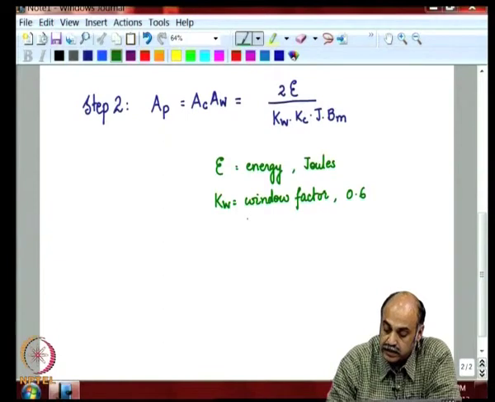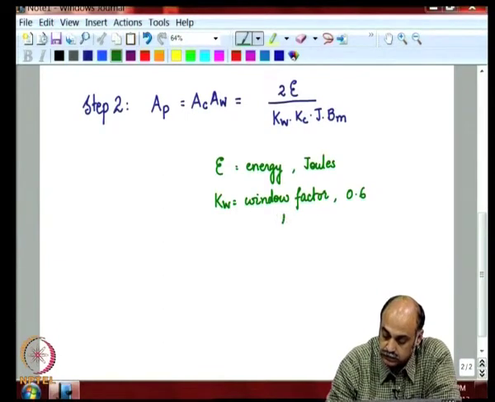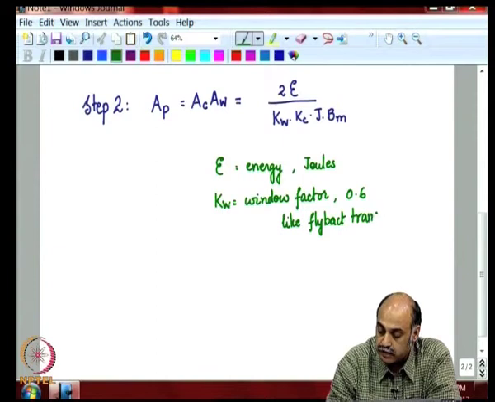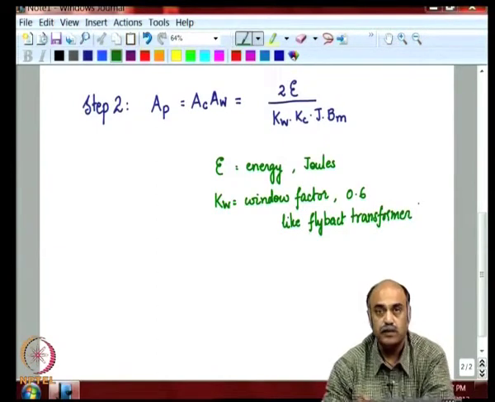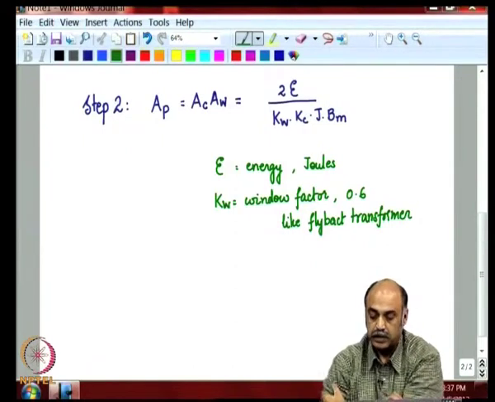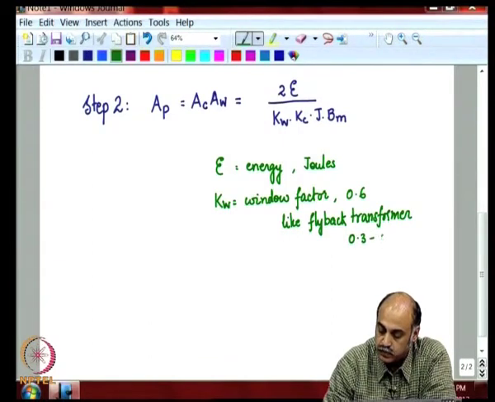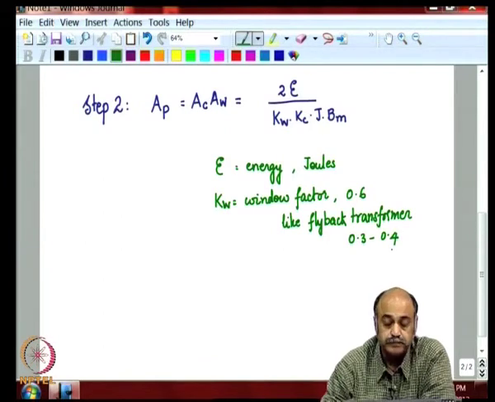For multiple winding inductors like the flyback transformer, see the flyback transformer is not actually a transformer by operation, it is an inductor by operation. It is a multiple winding inductor and for this the K factor is of the order of 0.3 to 0.4.